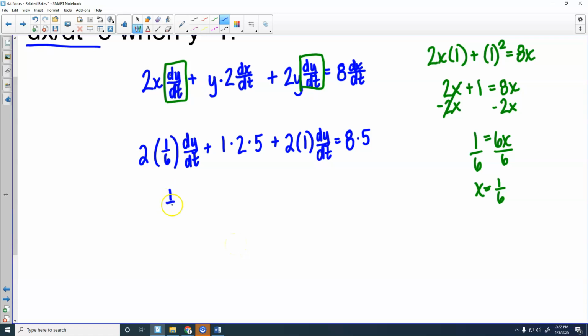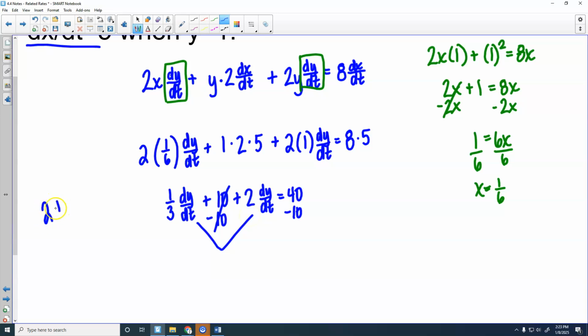So this will be 1/3 dy/dt plus 10 plus 2 dy/dt equals 40. So I could subtract that 10 right there. And then I could put these two together.